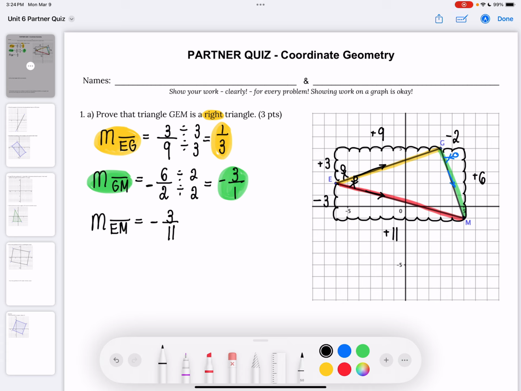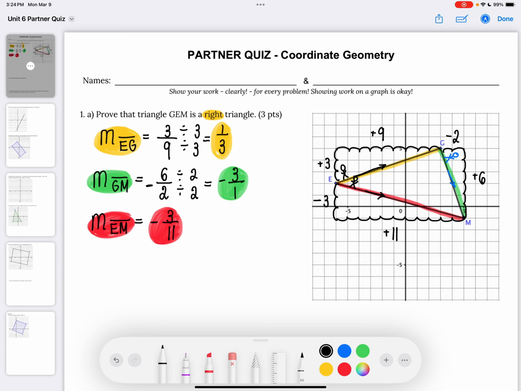Alrighty, so now we have the slopes of all 3 line segments, and we are finally ready for our statement. So we just proved it with mathematical reasoning, but we still have to write the statement.